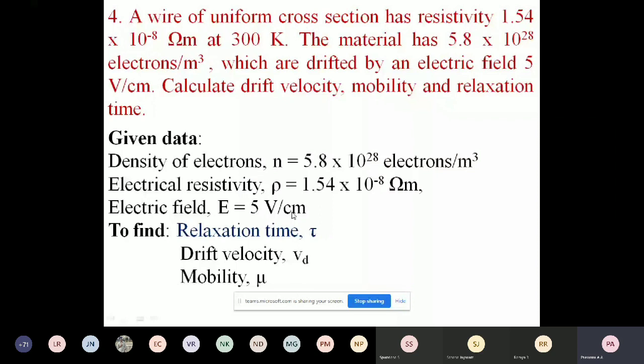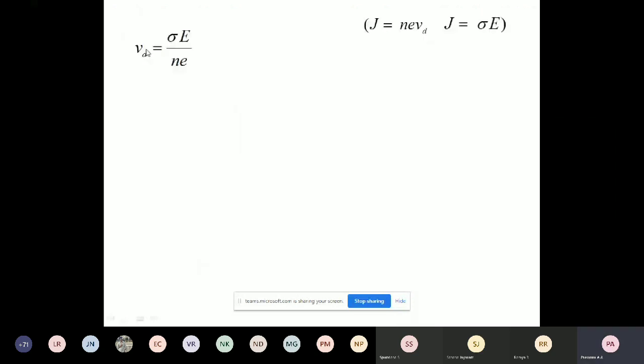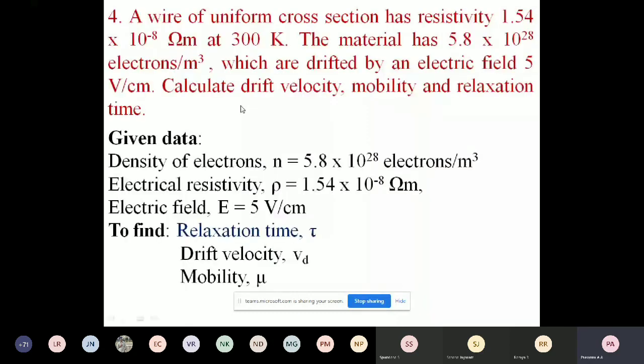Now let us calculate. Drift velocity equation is sigma E by Ne. You can understand that the current density is N e Vd, and the current density is also given by sigma E. On equating these two equations, we will get this expression. So this is all learned during the theory. And on substituting the given values, N value is given, sigma is given, hope it is given. Yeah, sigma is not directly mentioned.